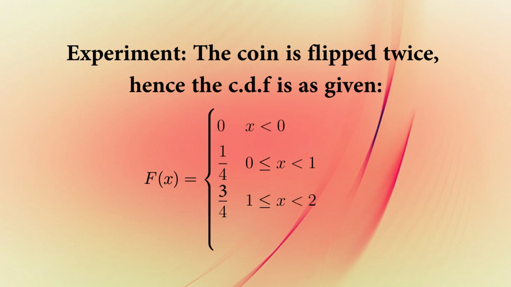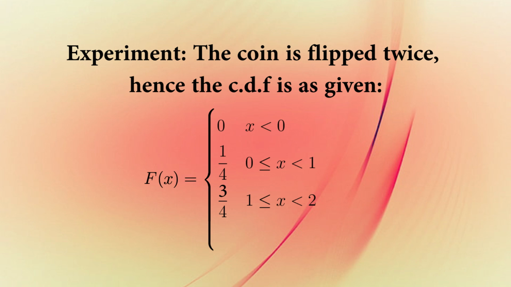F(1) is equal to the probability of X less than or equal to 1, which is equal to the probability of X equal to 0 plus the probability of X equal to 1, which is equal to 1 by 4 plus 2 by 4, which is equal to 3 by 4.